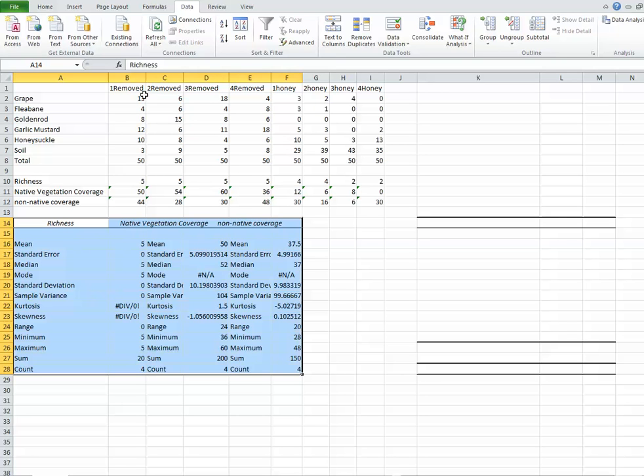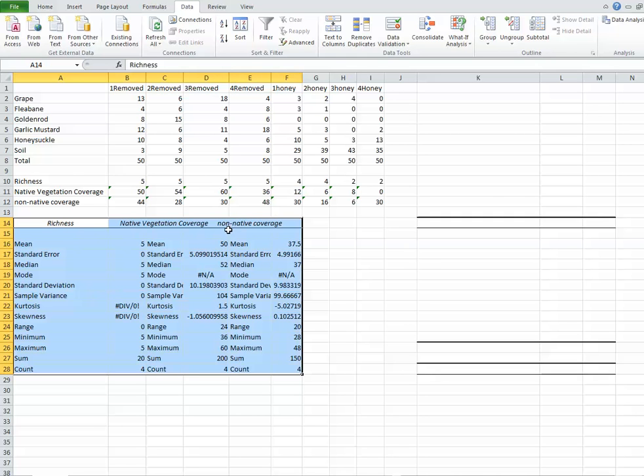We've got the means, standard error, median, mode, all sorts of other things down here. Really the two that we're most interested in are the mean and the standard deviation. So like we said, the mean is 5 for species richness, and the standard deviation is 0 since they're all the same.